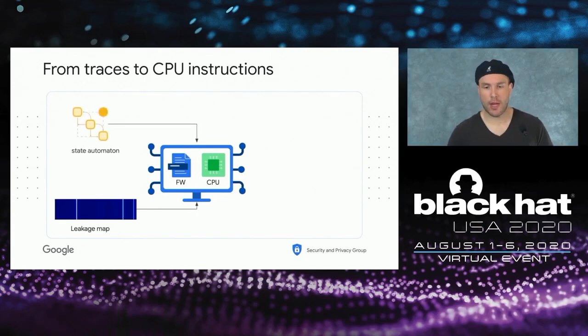And we also need to have a state automaton which instruments the emulator to be able to reproduce the encryption. And so we can basically reconstruct what instructions were executed at which time, and then map it back to the trace, which will tell you what point in time is important, right?